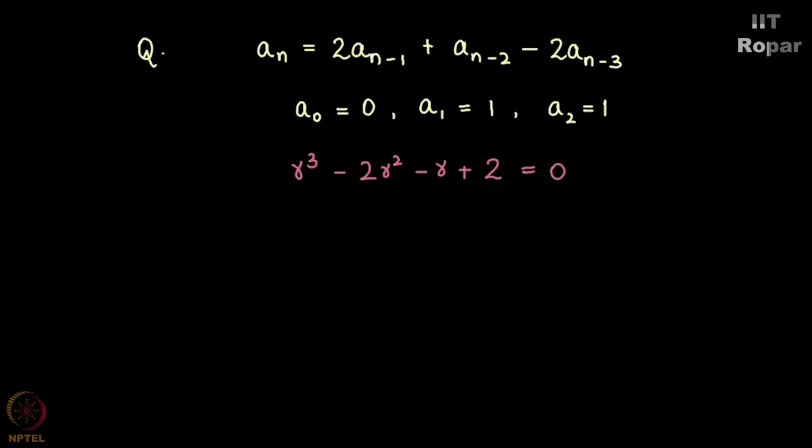So, what appeared just now? r cube minus 2r square minus r plus 2. This is the corresponding characteristic equation for the recurrence relation.